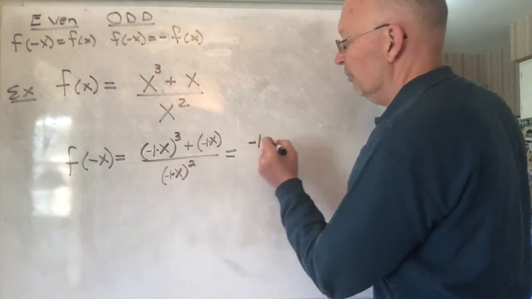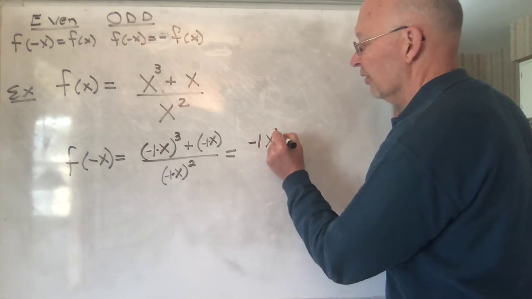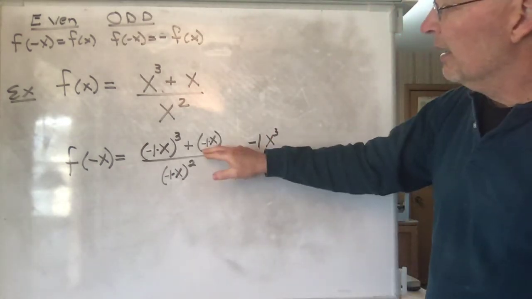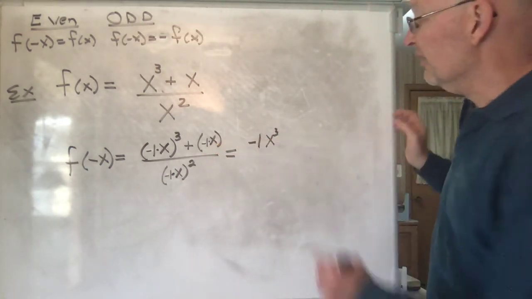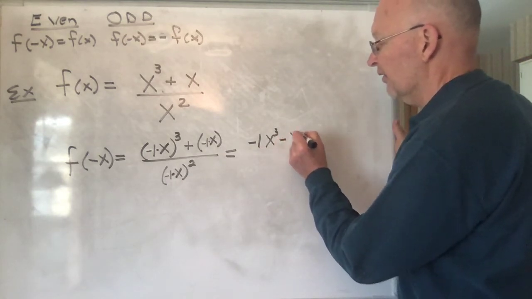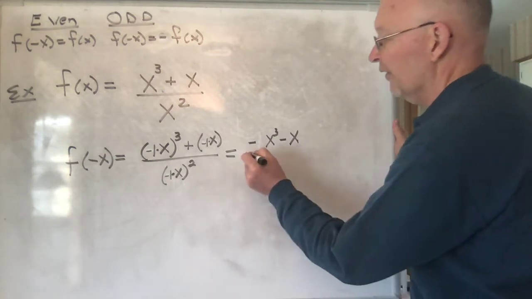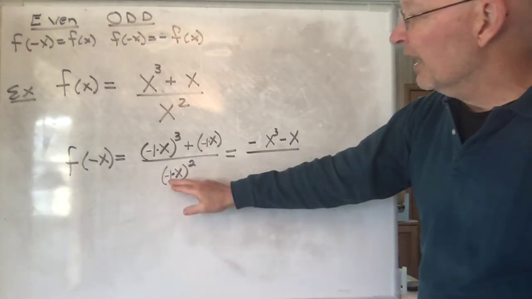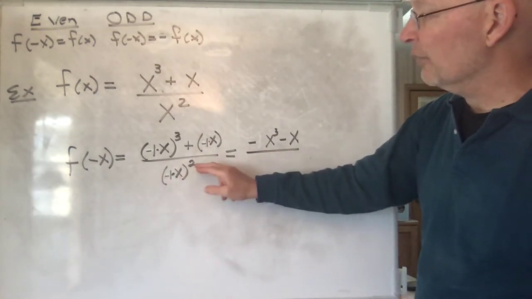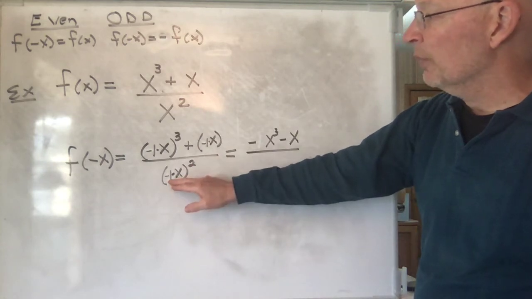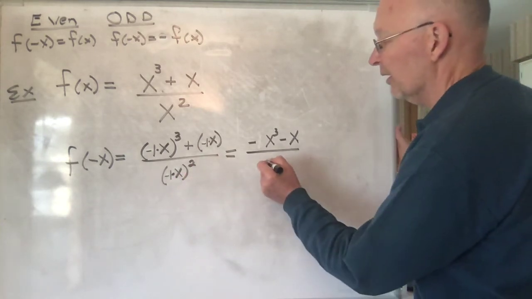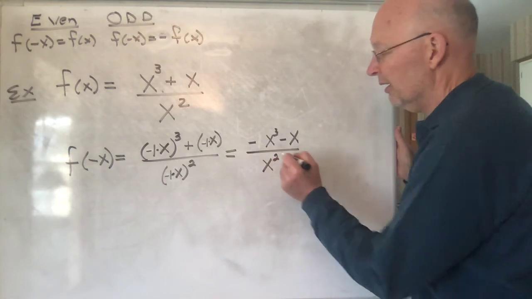And then x cubed is going to be x cubed, like so. Here you have just negative x, so I'm just going to write that as negative x. I'm going to get rid of that 1 now. And then finally on the bottom, I have negative 1 squared times x squared. So negative 1 squared is just going to be 1. 1 times x squared is x squared. So you get this right there.